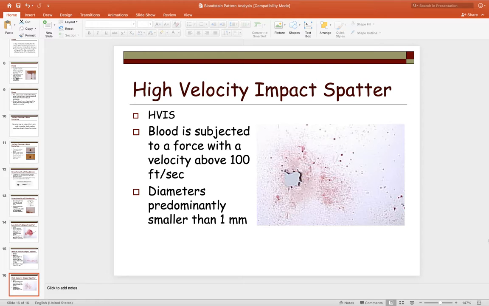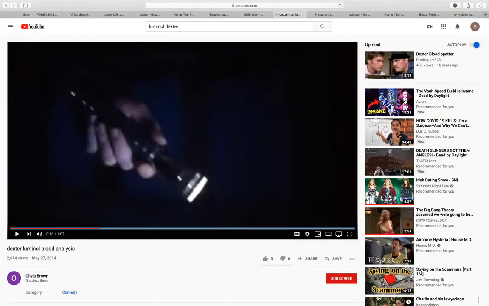If you remember what hemoglobin is from anatomy or biology class, it's the protein that's necessary in order to carry oxygen. So we have the ability to cause an interaction with that hemoglobin. And so we're going to watch a very, very short video associated with that luminol test.